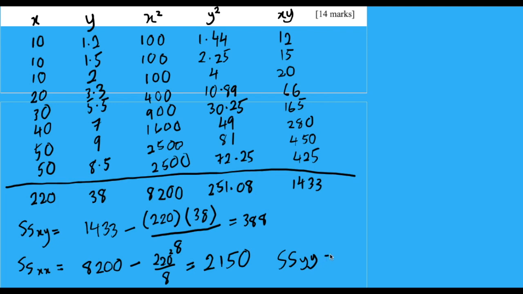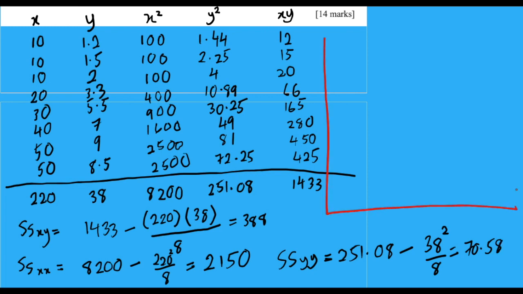SSyy is summation of y square, 251.08, minus summation of y, 38 square over 8. This gives us 70.58.